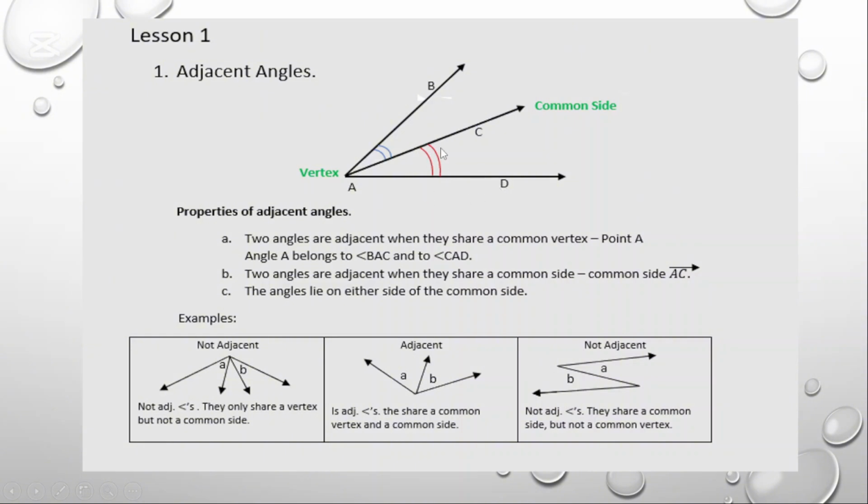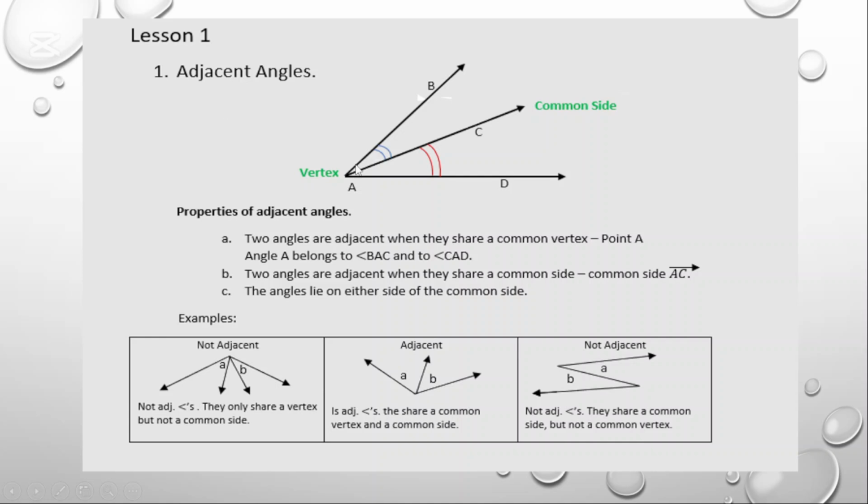There we can see we have two angles now next to each other here. Vertex A, the one angle's name is BAC, the other angle is CAD, and we call this a pair of angles. Two angles, they are called a pair, but they have certain things in common.